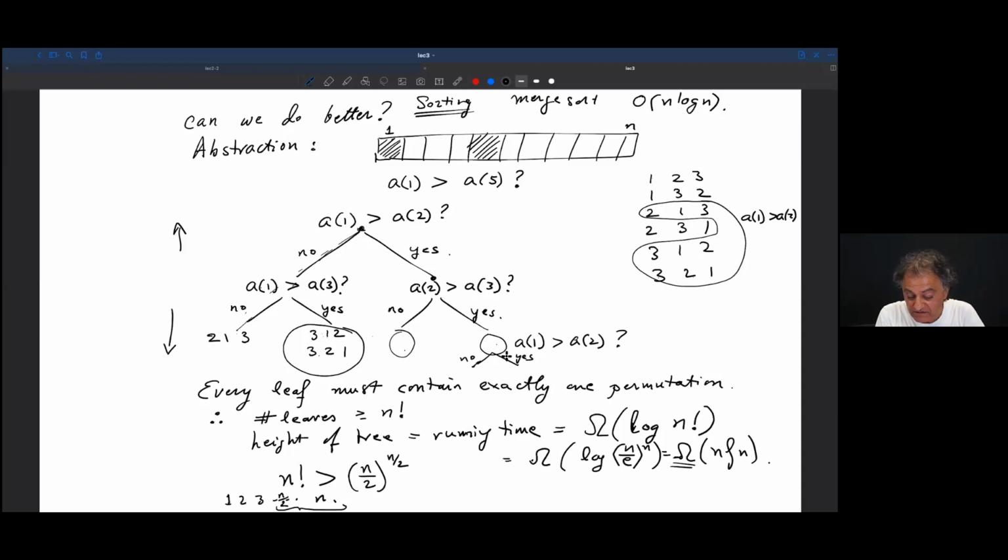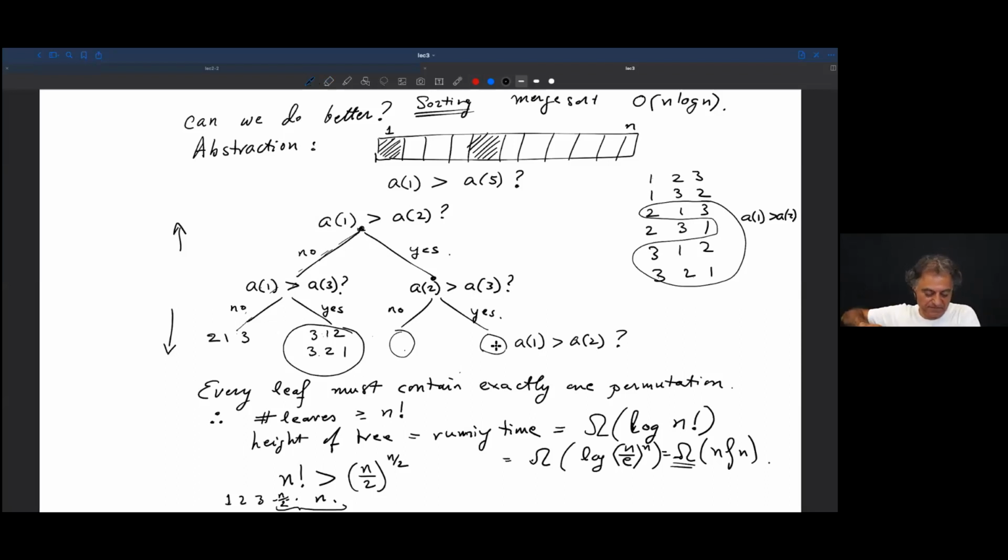The answer was yes, so it can't change to no now. So there's going to be no permutation sitting here, and only permutations sitting on this side. So you can create these situations where you make the algorithm do something silly and create more leaves than it needs to. Does it make sense? Yeah, that makes sense. Thank you.